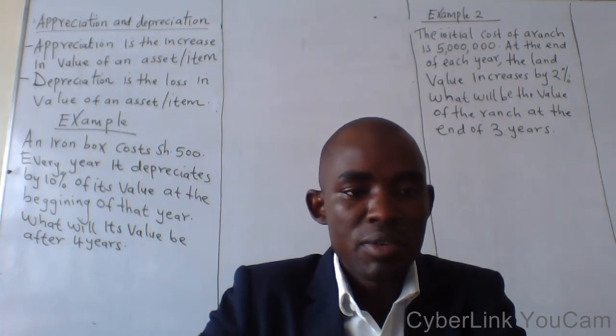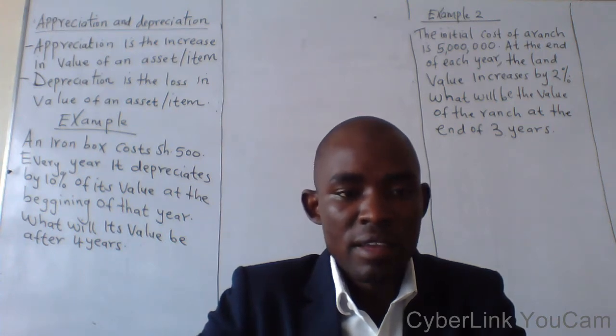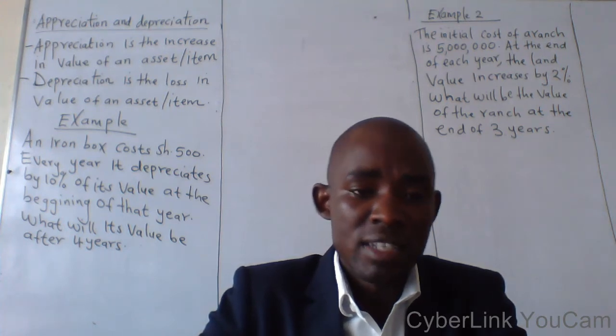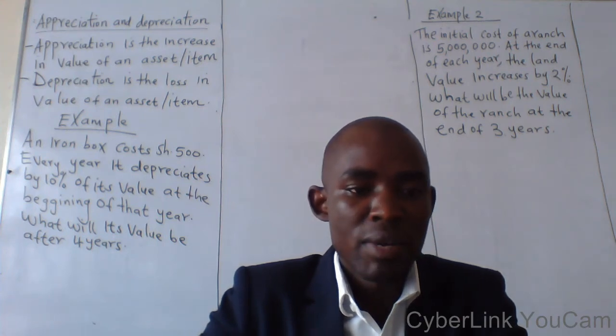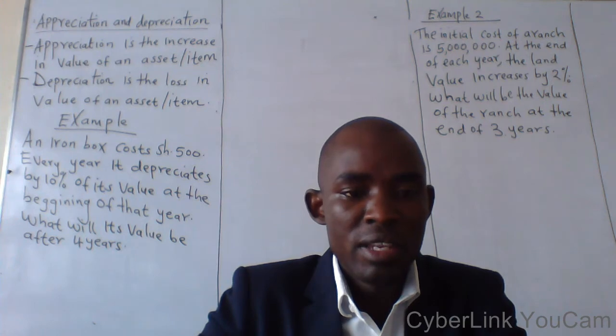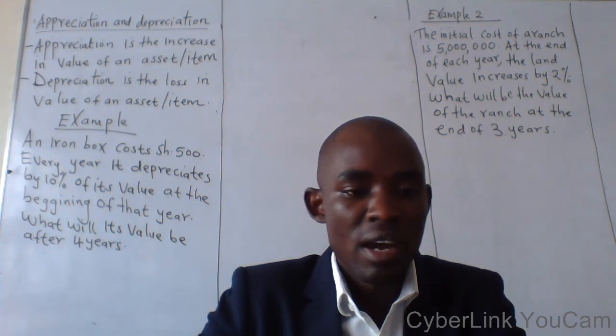So we shall take the first example. The first example reads: an iron box costs 500 shillings. Every year, it depreciates by 10% of its value at the beginning of that year. What will its value be after 4 years?